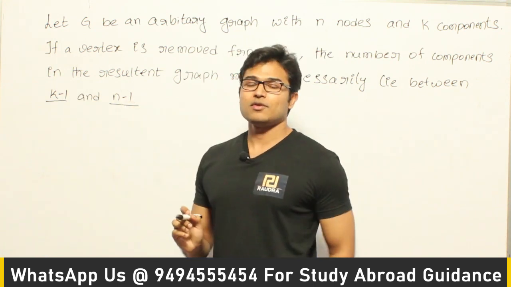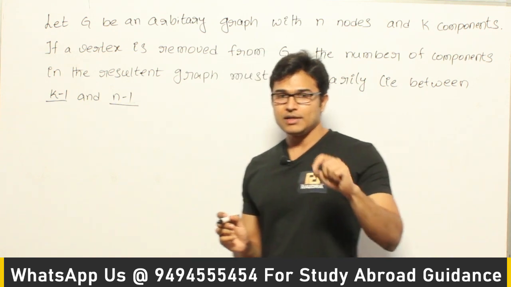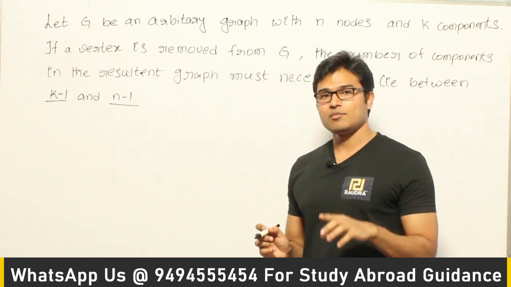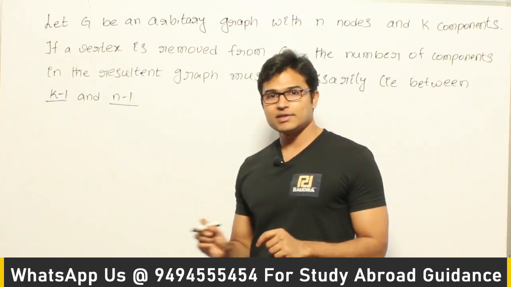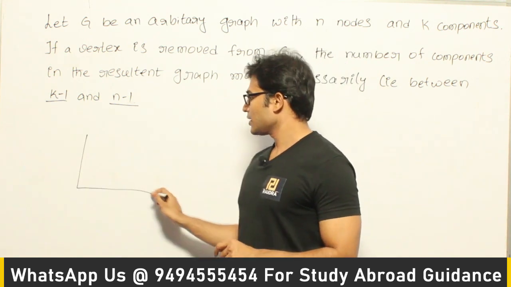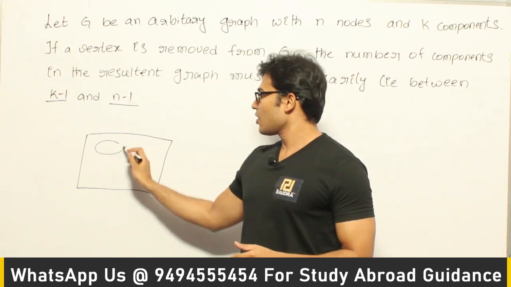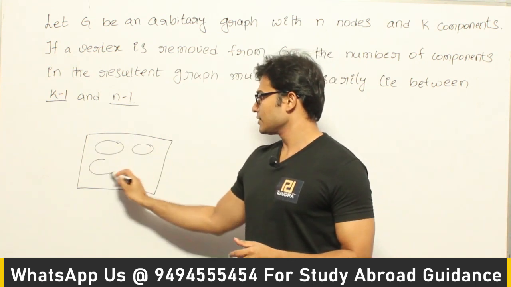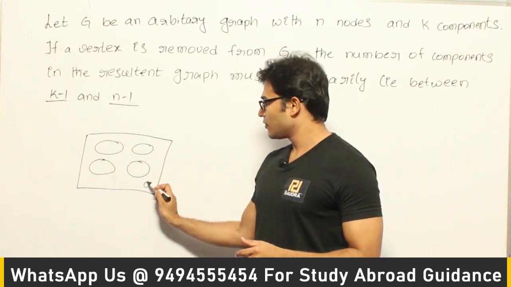Now if you want to find out the least number of components possible, just think about one thing. By deleting a vertex, will the number of components reduce? It might reduce in one case. What is that case? If you assume that the entire graph is having k components, out of which one component is an isolated vertex.